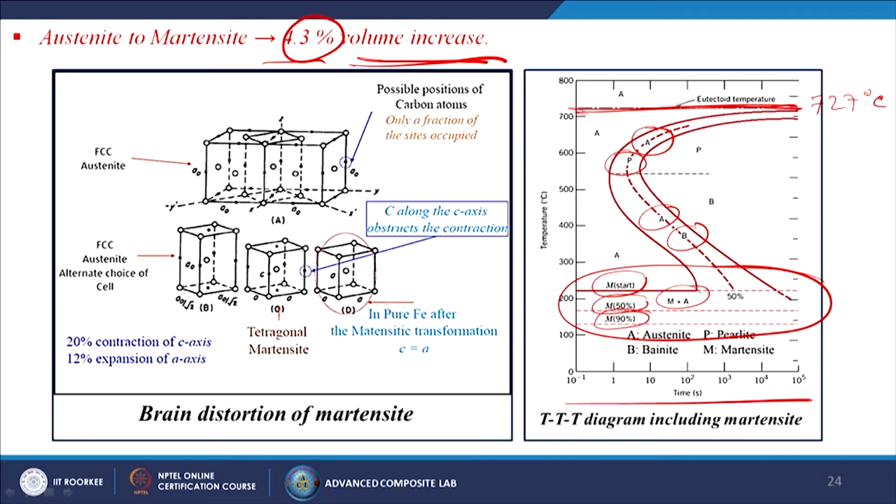So, this is totally time dependent and temperature dependent. In this case you can understand that only the volume is changing, because some atoms over here, that is carbon along the C axis, obstruct the contraction. So, only volume expansion is taking place when we change from austenite to martensite.